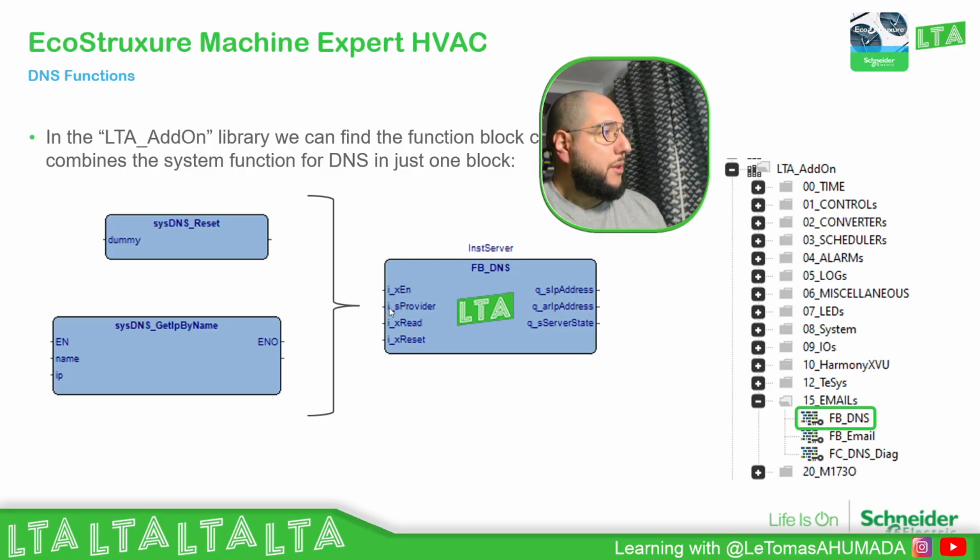You need to provide the string, then you just use the read, which converts the string domain into an IP address. The reset will execute every time you make a read. Then you get two different options: the array for the IP address, or just a string with the IP address. And then you get the server state of this.